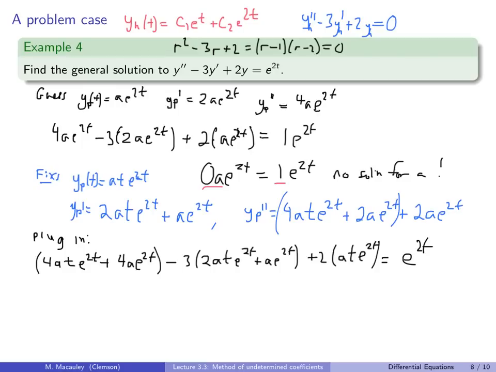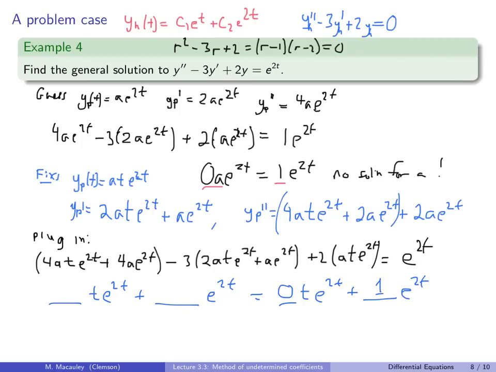So on the left-hand side we have some number of t e to the 2t plus some number of just plain old e to the 2t, and we have to set that equal to 0 t e to the 2t plus 1 e to the 2t.